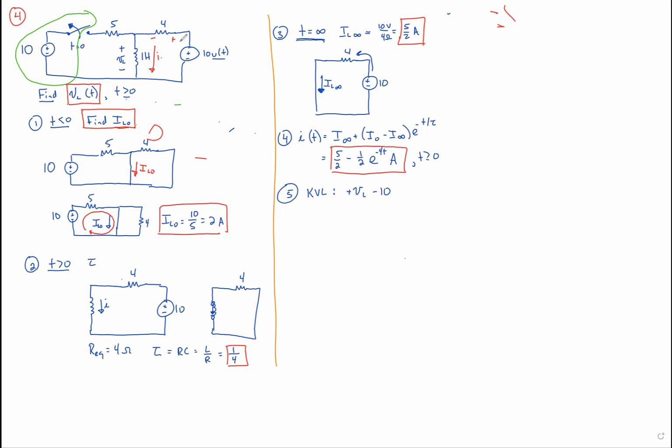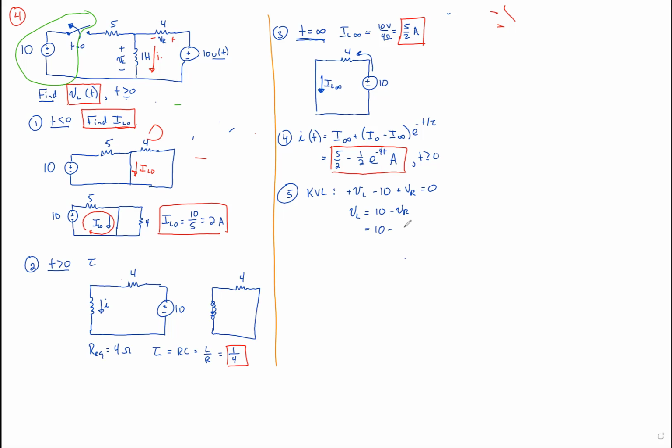And going around, plus whatever this voltage is. I'll call it V sub R. And all that equals 0. And our goal is to find V sub L. So we can solve that for V sub L and say V sub L is equal to 10 minus V sub R. And we know what V sub R is because all this current has to go through that 4 ohm resistor.